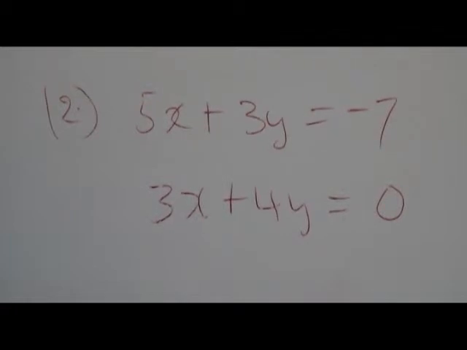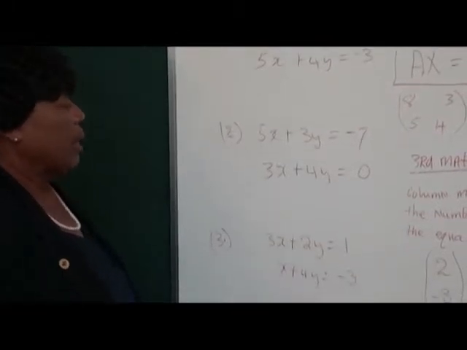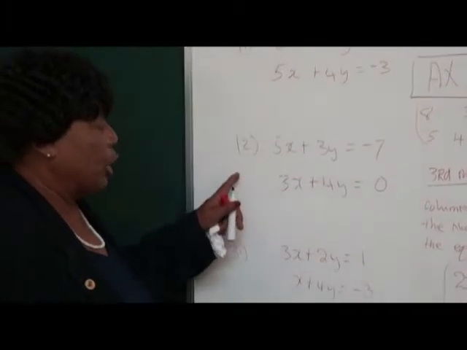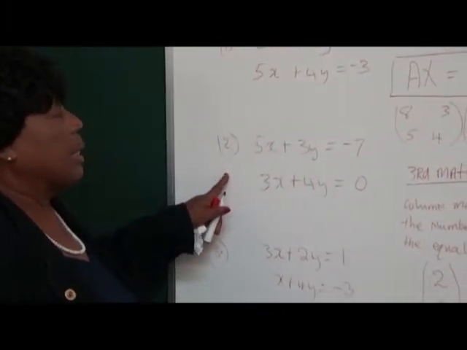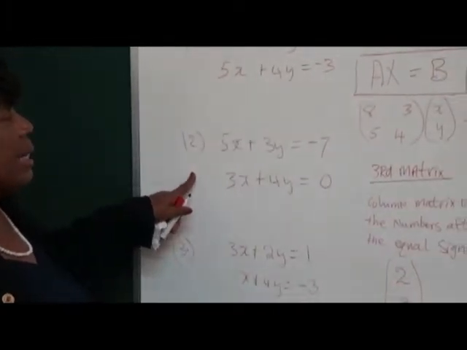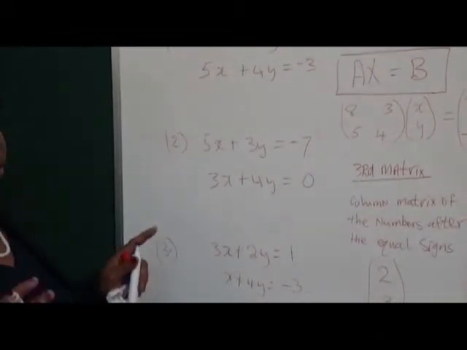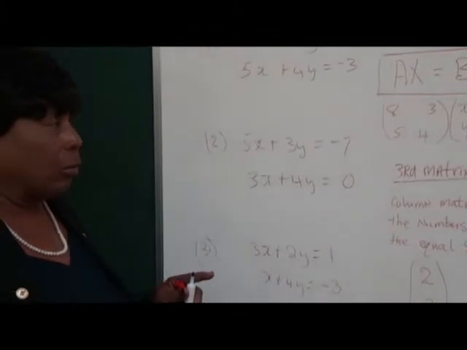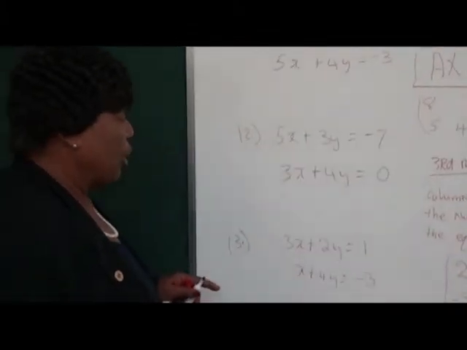It is 5x plus 3y is equal to -7, and 3x plus 4y is equal to 0. I want you to write it in this form, AX is equal to B. Construct the 3 matrices, put them together because you're getting ready to solve a simultaneous equation.